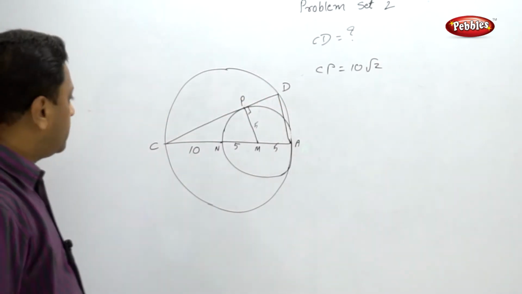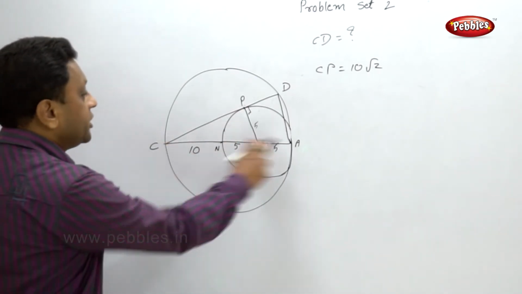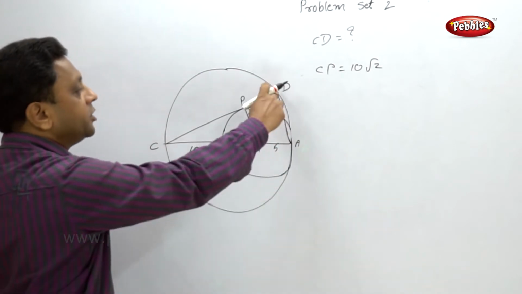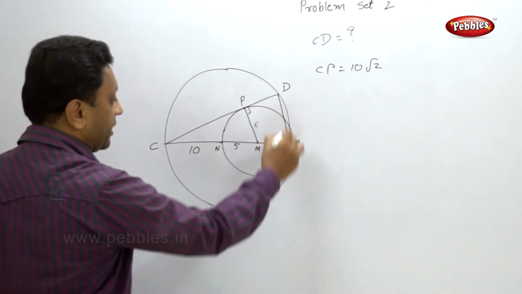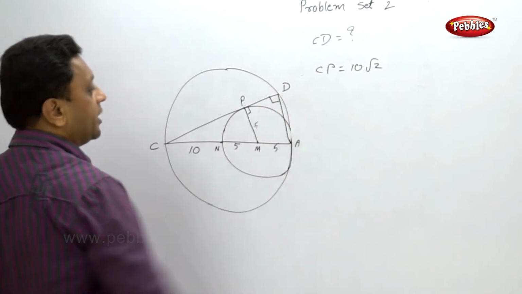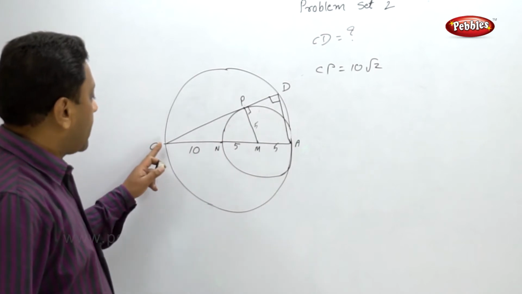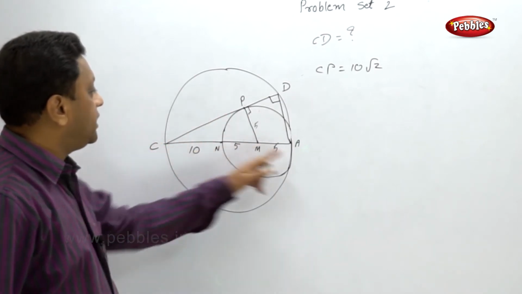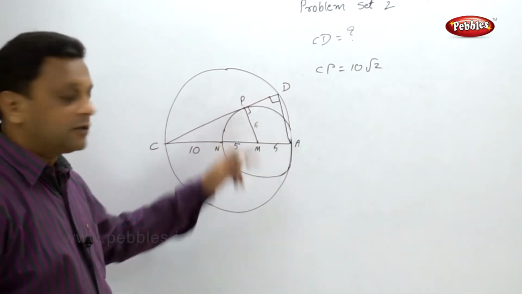How can we prove that? Very simple. This is a right angle, and this is the diameter of the bigger circle, and this is a point on the circumference. So I know that the angle inscribed in a semicircle is again a right angle. So now in these two triangles, CMP and CAD, these are the right angles and this angle is common.